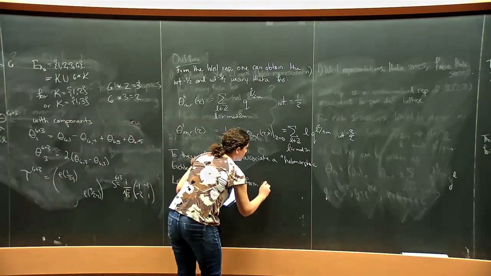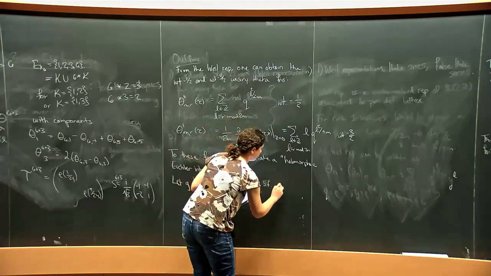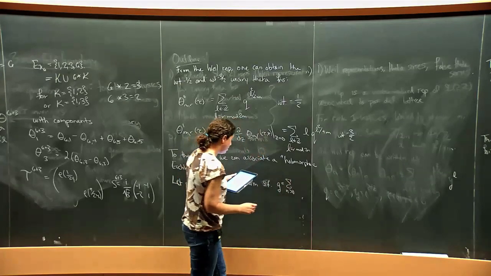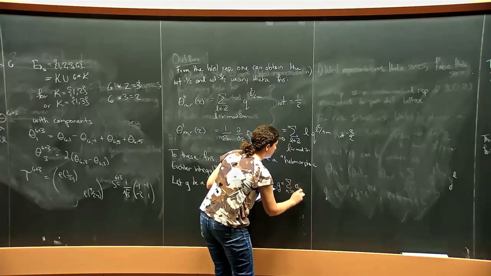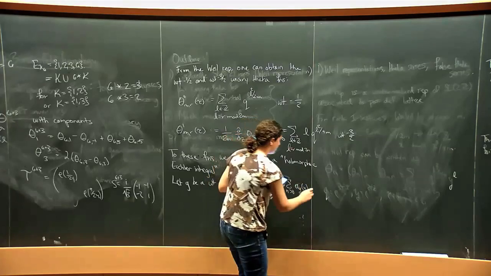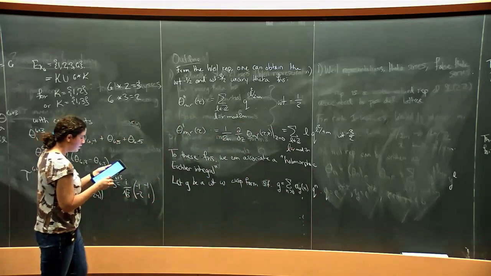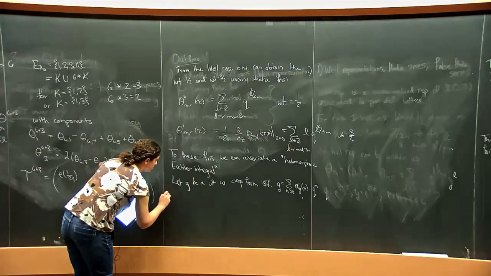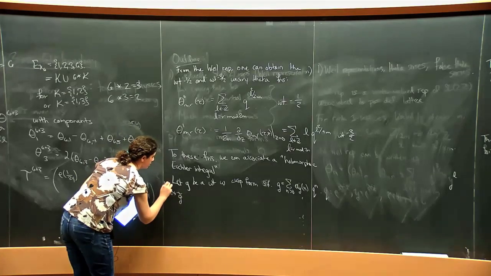with a Q expansion given by a sum of some coefficients, I'll call a sub g of n, q to the n. The holomorphic Eichler integral, I'll call g tilde.